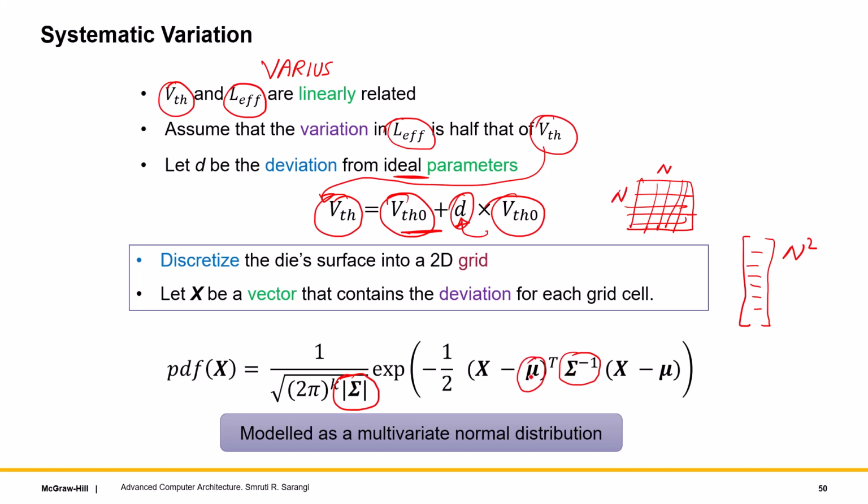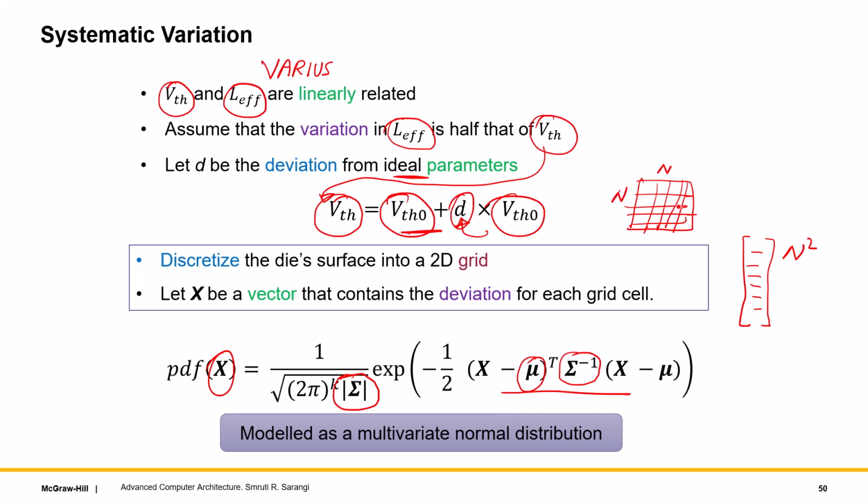We have a mean vector, and x minus mu transpose times this matrix times x minus mu is a classic bilinear form. For a simple 2D case, it becomes a regular Gaussian, but this is a multivariate case. So this says, which is a reasonably accurate assumption, that the vector x, comprising the deviation of all the cells on the die, follows a multivariate normal distribution.